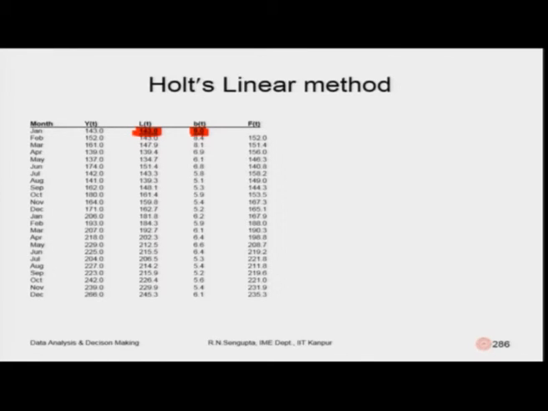The concepts I repeated are exactly the same, only I am giving a different set of data to highlight the important points. Then the FT values, the forecasted values, are given in the last column. The difference of YT and FT gives the errors, we square them, find the sum of the squared errors, minimize with respect to alpha and beta, and your problem is solved.